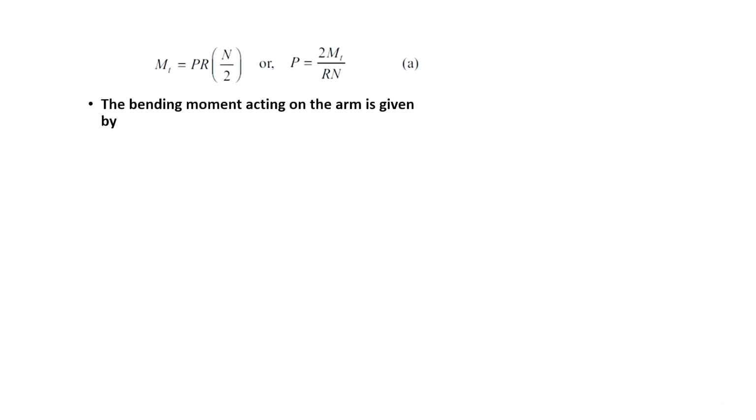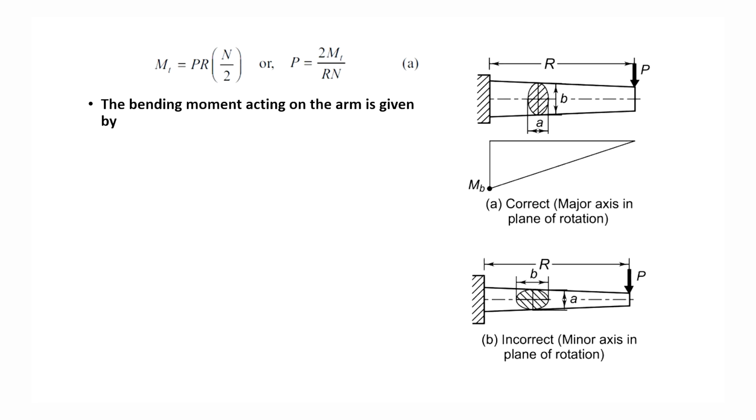So, let us use this formula. The bending moment acting on the arm is given by, simply, this is the root of the arm, and at this end load P is acting, calculated by this formula, and the bending moment will be equal to P multiplied by R, and so this bending moment MB is equal to the torque which we want to transmit divided by the number of arms.